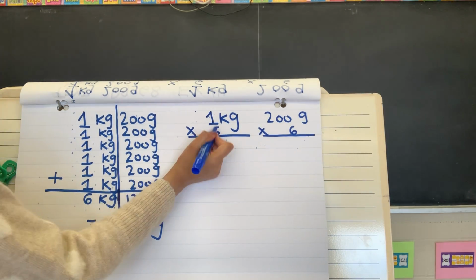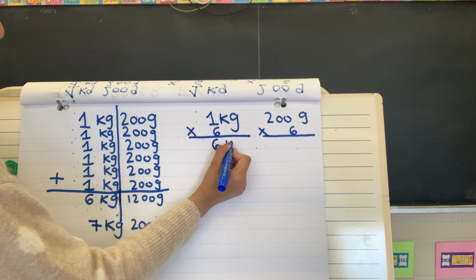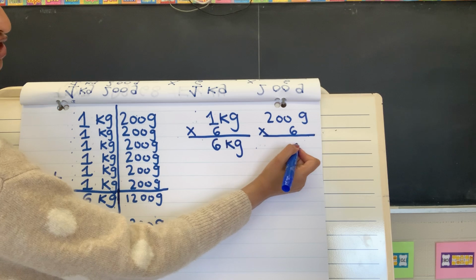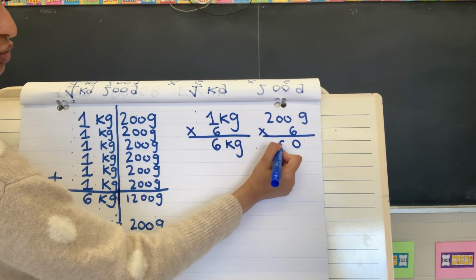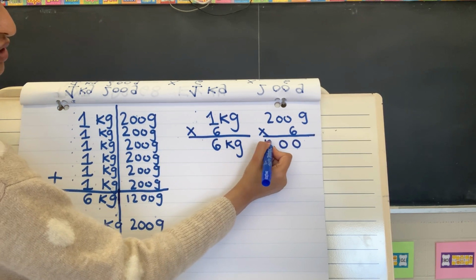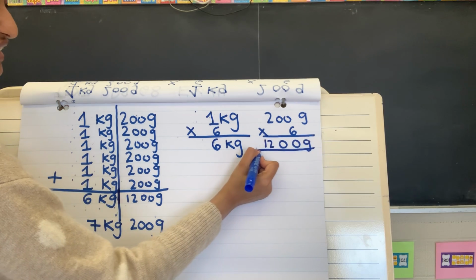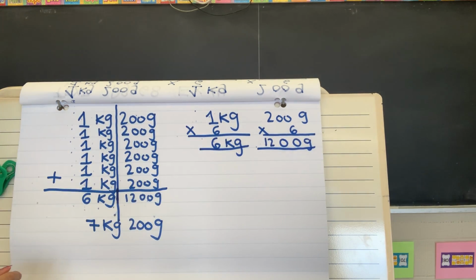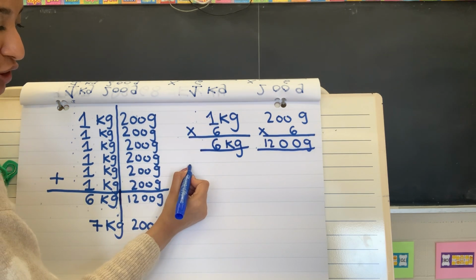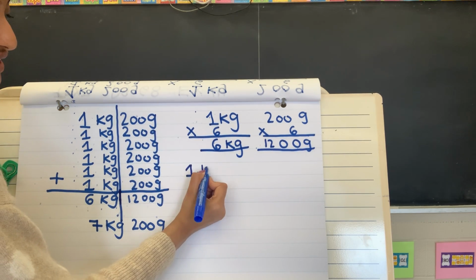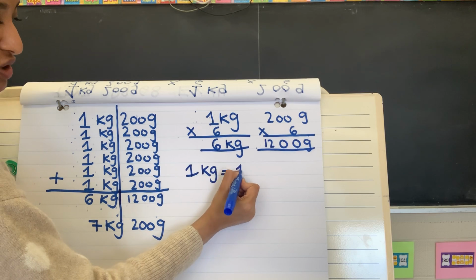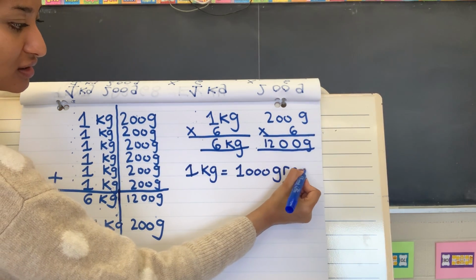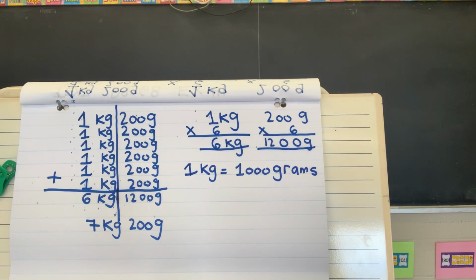Okay, so let's do it. 6 times 1 gives me 6 kg. And then 6 times 0 is 0. 6 times 0 is 0. 6 times 2 is 12. And again, whether I do it this way or this way, I need to remember that 1 kg equals 1000 grams.